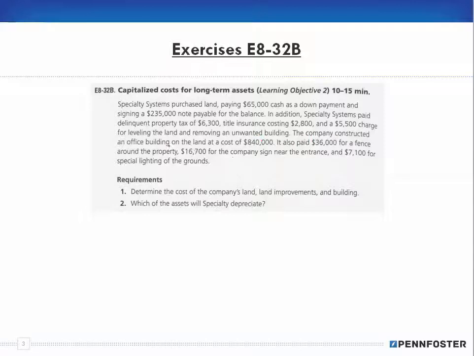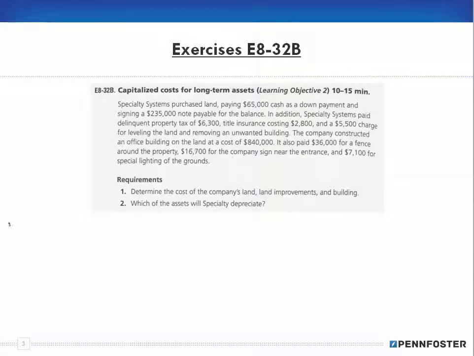The company constructed an office building on the land at a cost of $840,000. It also paid $36,000 for a fence around the property, $16,700 for a company sign near the entrance, and $7,100 for special lighting. Determine the cost of the company's land, improvements, and buildings, and which of the assets Specialized will depreciate.